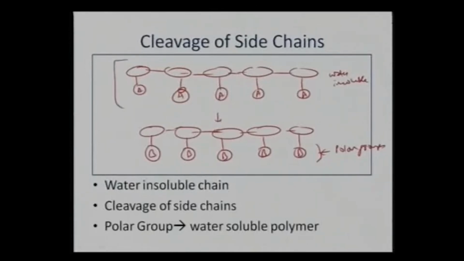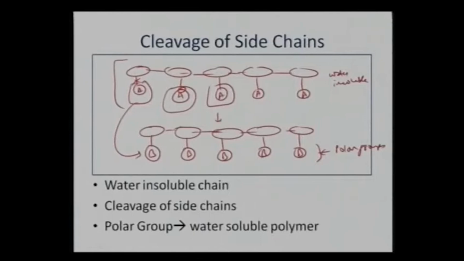So initially we had a water insoluble polymeric chain, and now because of the cleavage of the side groups, or maybe the transformation of these side groups or side chains into charged polar chains, in this particular case we have A transforming to B. The overall backbone remains the same, but the side groups are cleaved, and they result in a polarity or some sort of charged or polar region, which makes it water soluble.